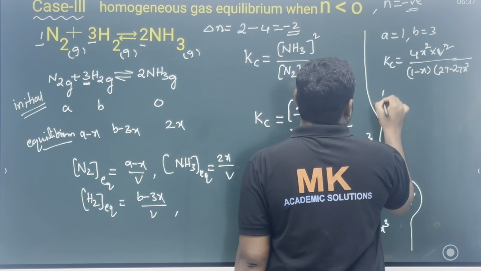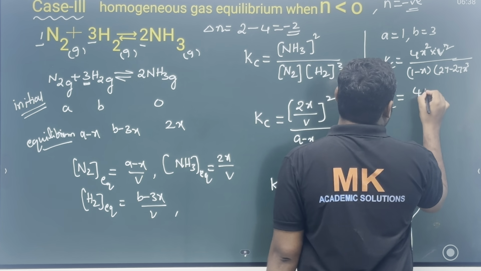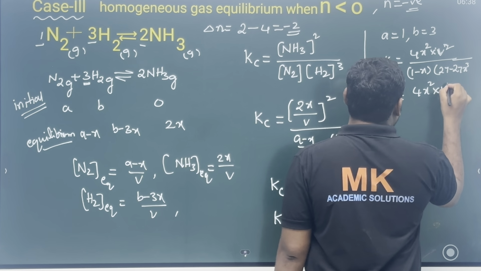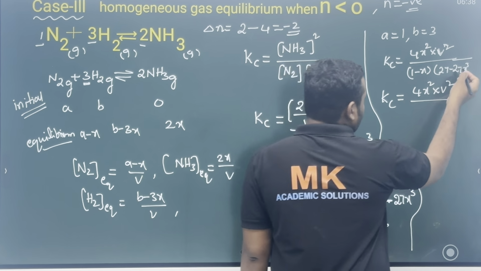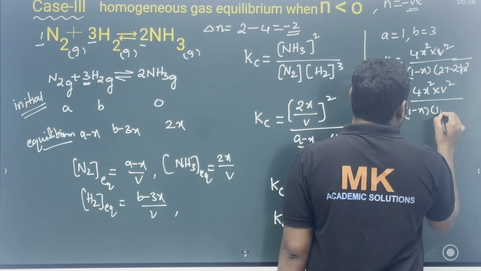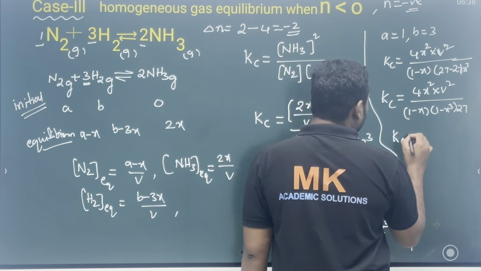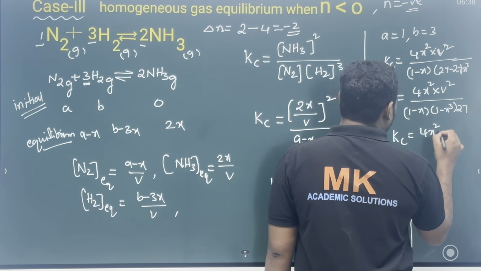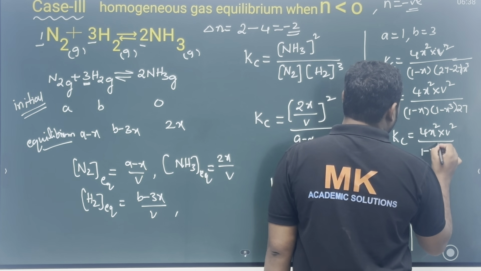Now 27 you make common, so we get 4x squared into V squared by (1 minus x) into (1 minus x cube) into 27. Like that, therefore Kc is equal to 4x squared into V squared by 1 minus x to the power 4.